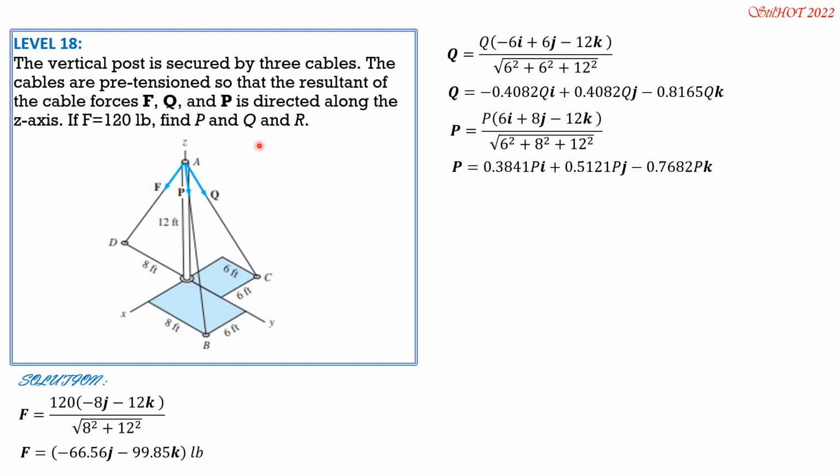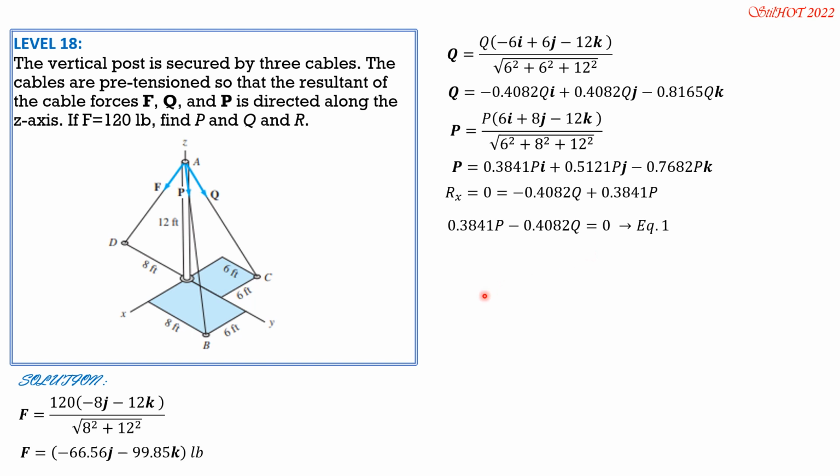Since the resultant is directed along the z-axis, obviously downward, it means Rx is 0, Ry is 0, and Rz is equal to R. So Rx is 0, and there's no i here, negative 0.4082 Q plus 0.3841 P equals 0. So 0.3841 P minus 0.4082 Q equals 0, equation 1.